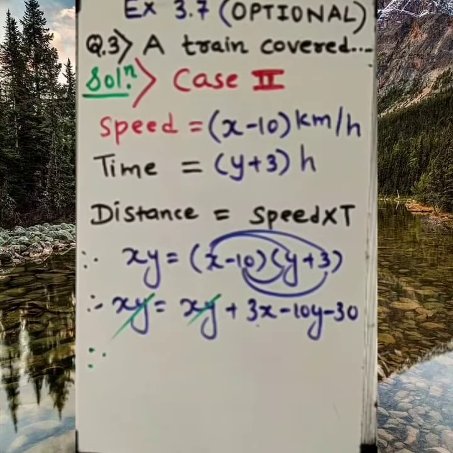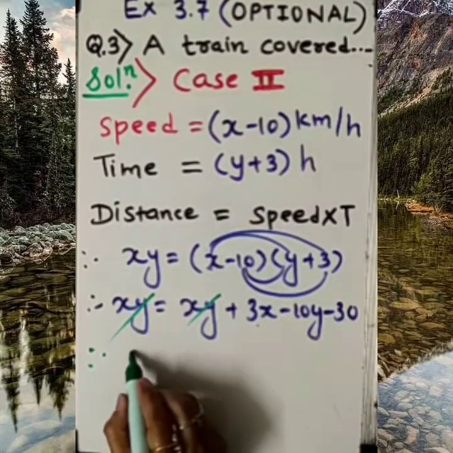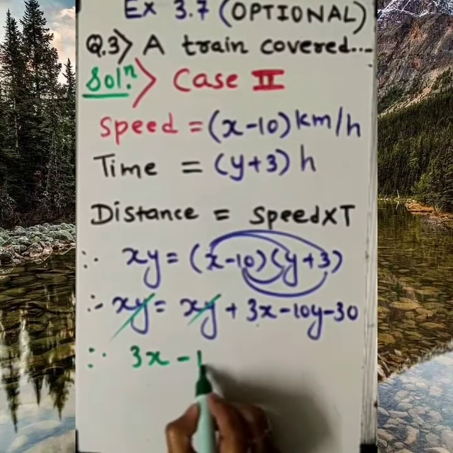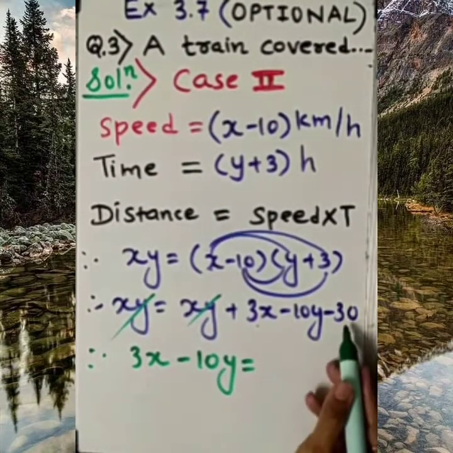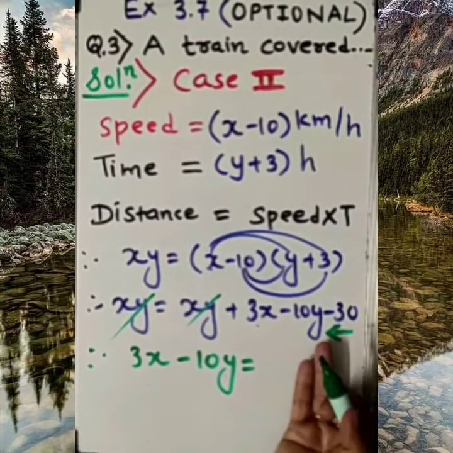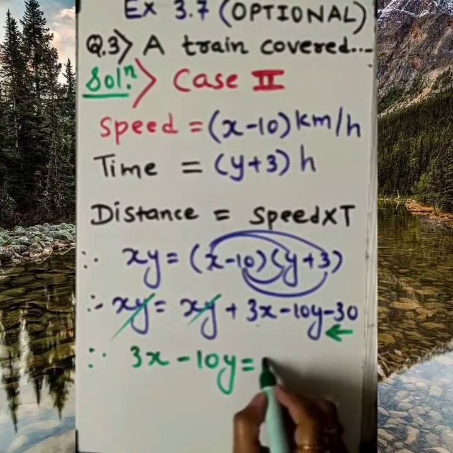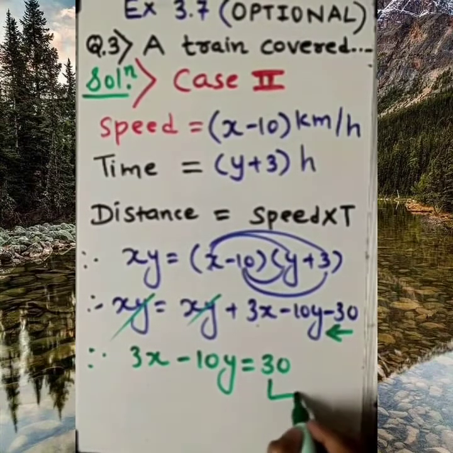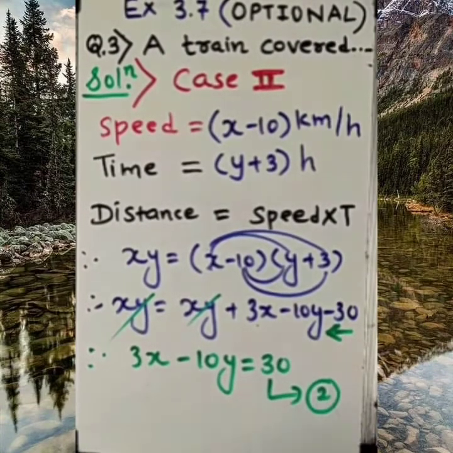Better, let 3x be on the right side, minus 10y on the right side, and I am transposing this minus 30 from the right side to the left side, so it becomes plus 30. So our second equation is 3x minus 10y equal to 30.